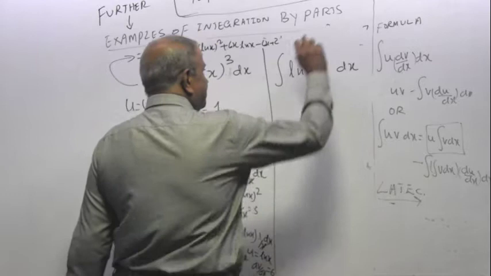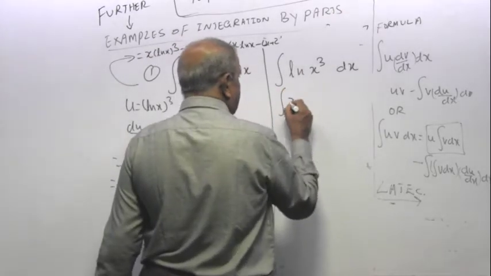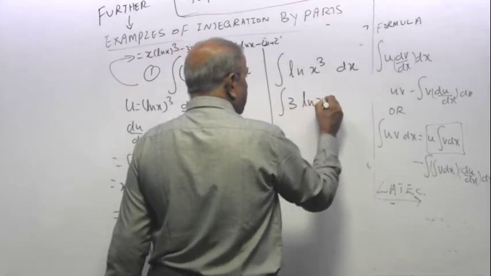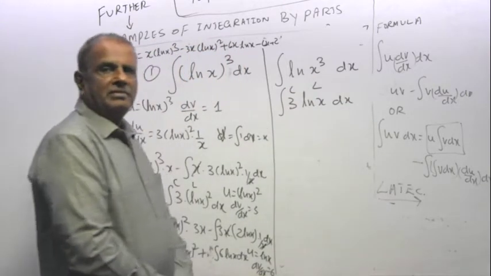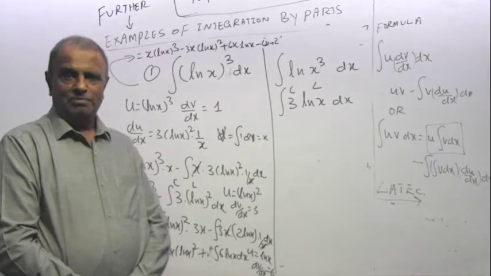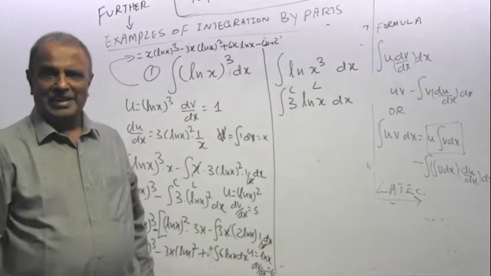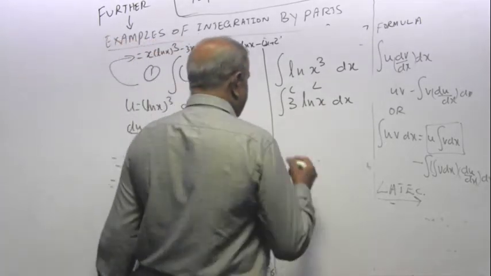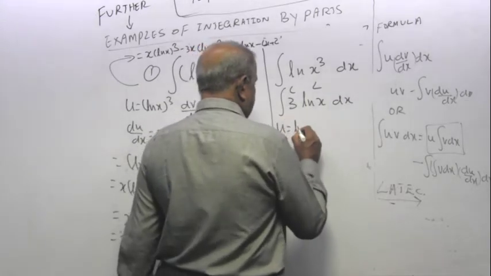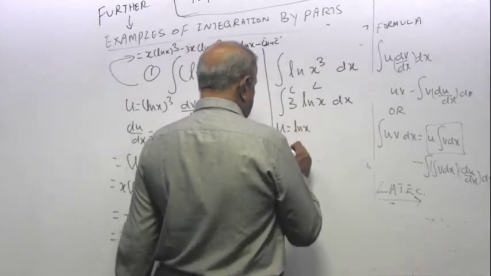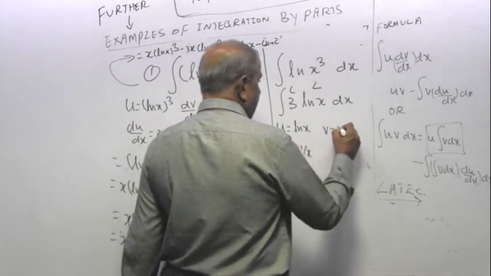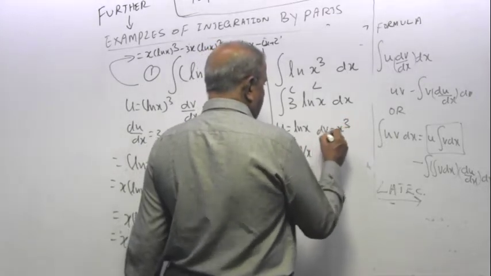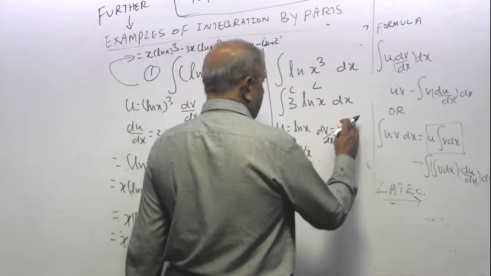Here again, a bit of algebra will tell you ln x cube is 3 ln x dx. That's a C, that's an L. Only one application of integration by parts. So u is ln x, du by dx is 1 over x, v is x cube, oh sorry, dv by dx is 3.